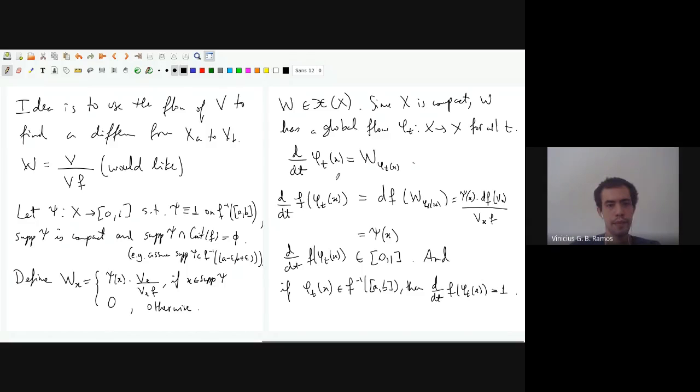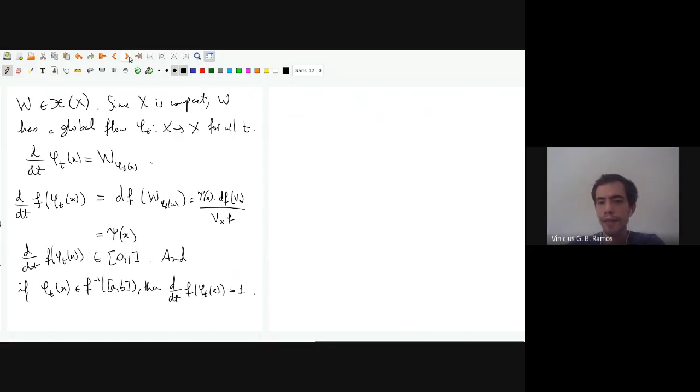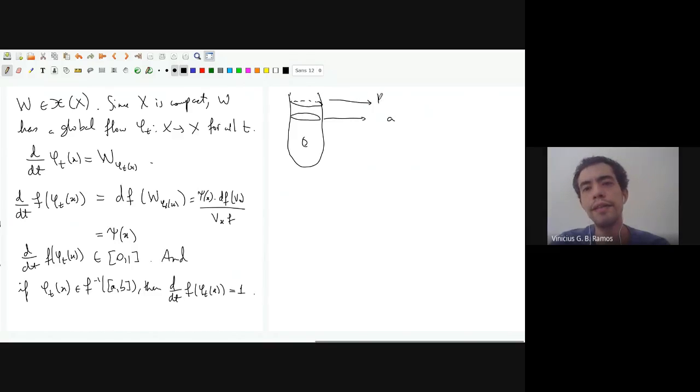Okay, so let me draw a picture just to explain better what we're trying to do. So let's say that we have this, I don't know, this torus or something. Doesn't really matter what happens above, but this is the level a, this is the level b, and then I have my gradient-like vector field that you can think about as just being the gradient.